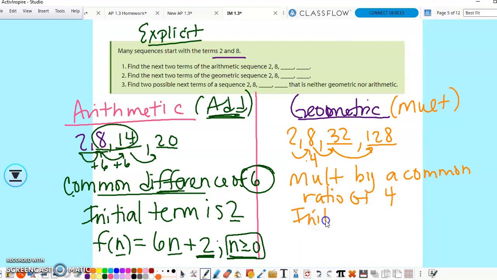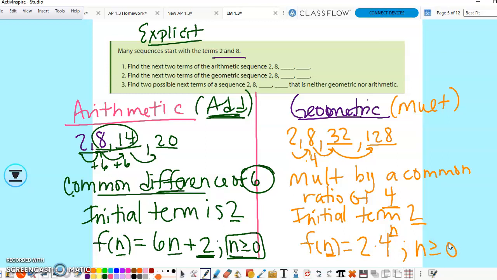Our initial term is still 2, but our explicit form now is exponential. So we're going to take our common ratio with our variable in the exponent, times the initial term of 2, and our domain will always be n is greater than or equal to 0 when we start with our initial term. So that's the biggest difference between arithmetic, add, and geometric, multiply.